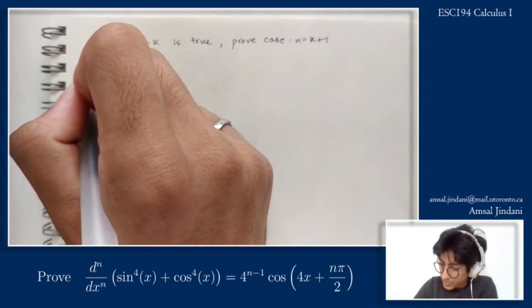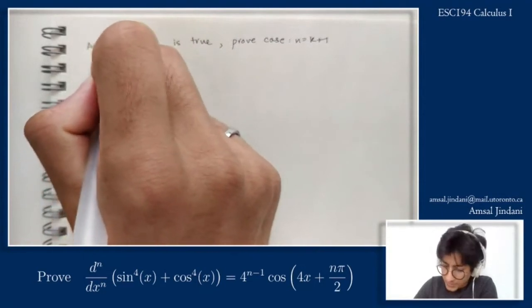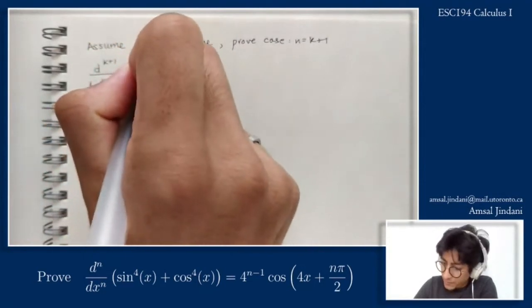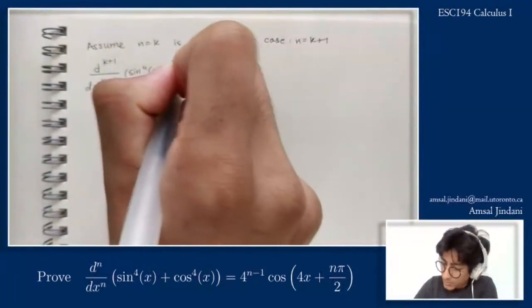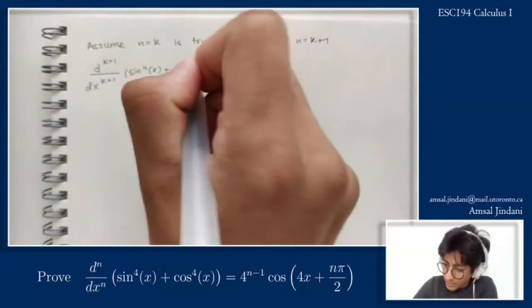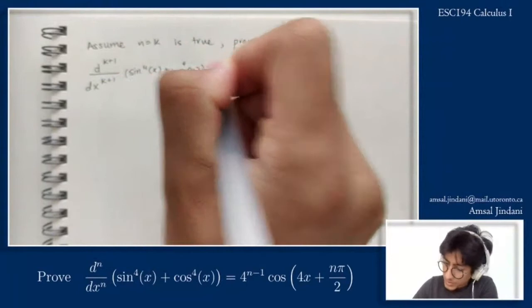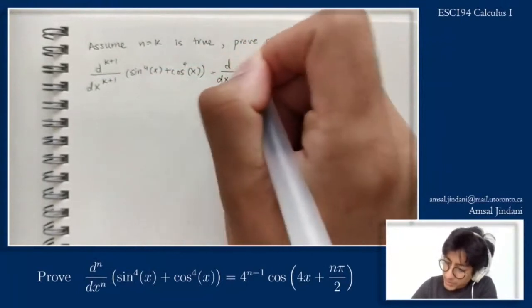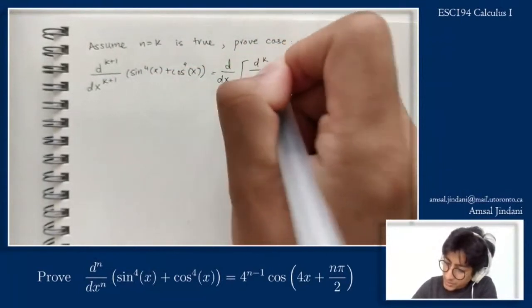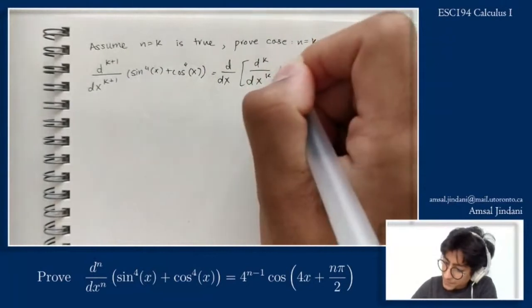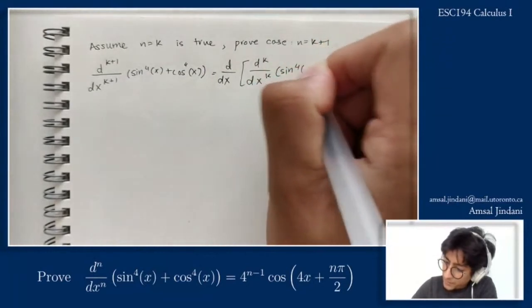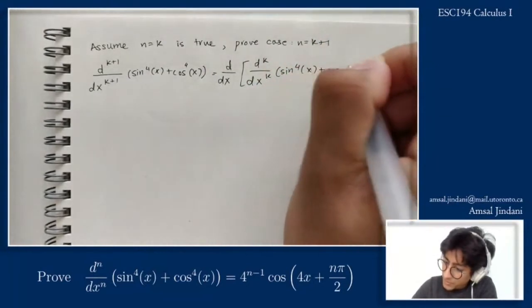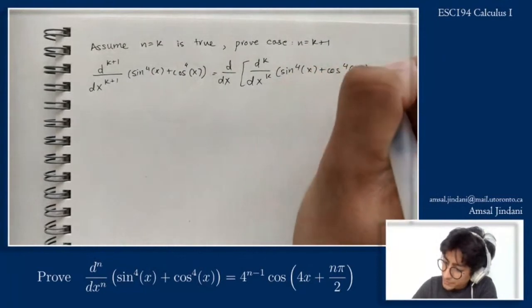The (k+1)th derivative with respect to x of sine 4x plus cosine 4x is equal to d by dx of the kth derivative of sine 4x plus cosine 4x.